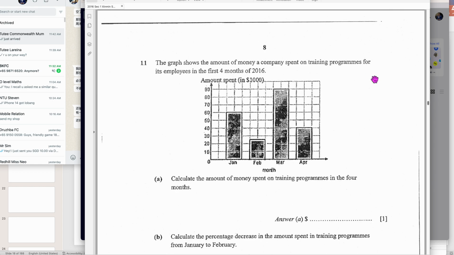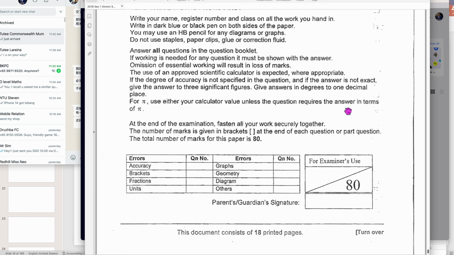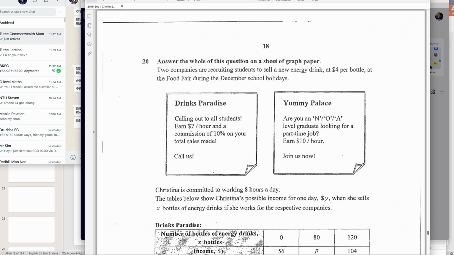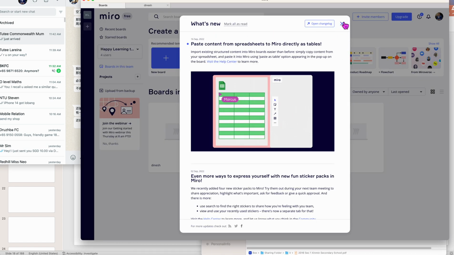Xinmin. Very good. 20 questions, all printed out. Very good.